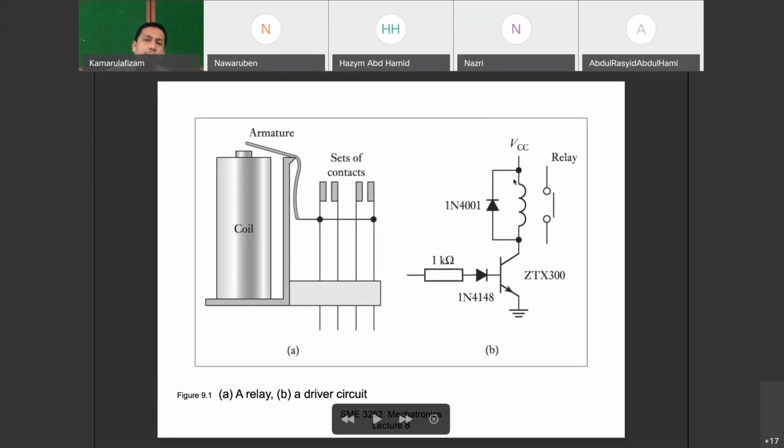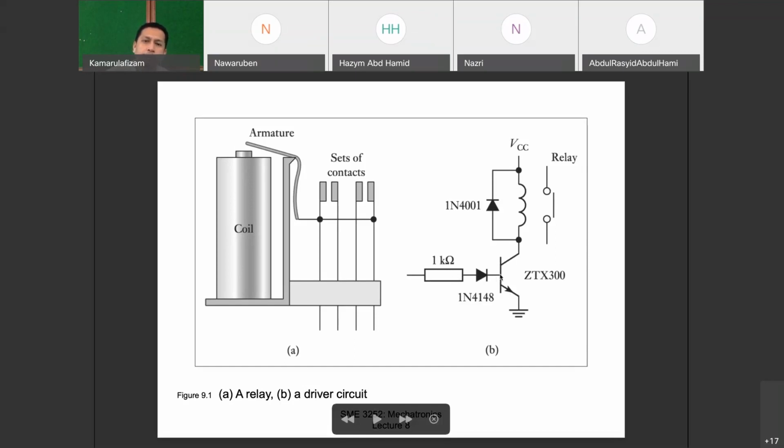This is a mechanical relay yang ada bunyi ketak tu. But this one is basically example of a solid state switch. Alright. Dia switch on, switch off by controlling current voltage daripada terminal this one. Alright. If you give 0 volt dekat sini, transistor ni akan shut down, akan break the circuit.